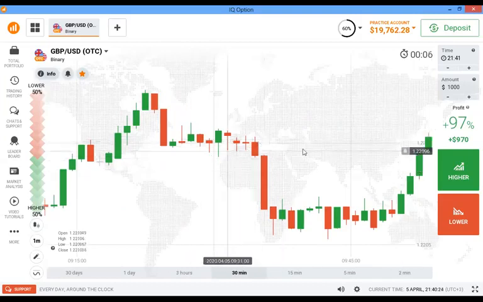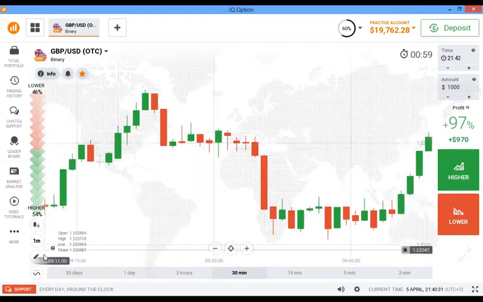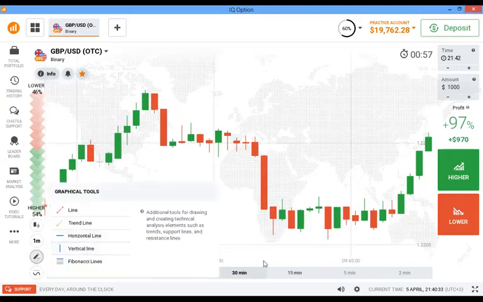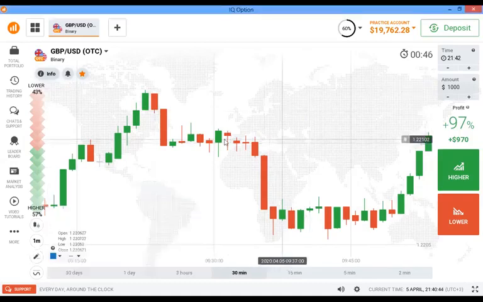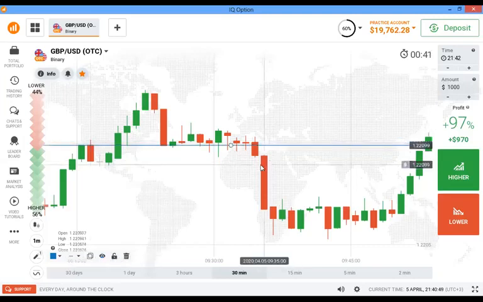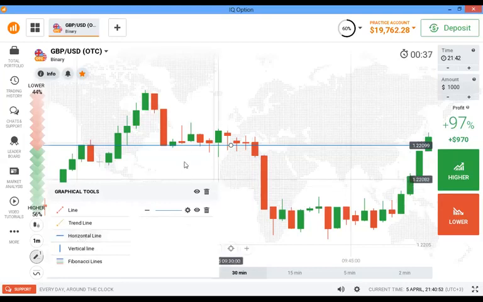So I want to draw an area here just to catch the seller's entry. The first thing I do is I will go on the left side. I will check something like this. I'll place my line here. If I want to use this one, I can use this one line. But I want to draw an area.